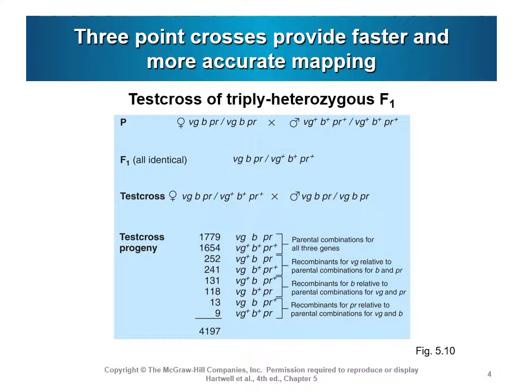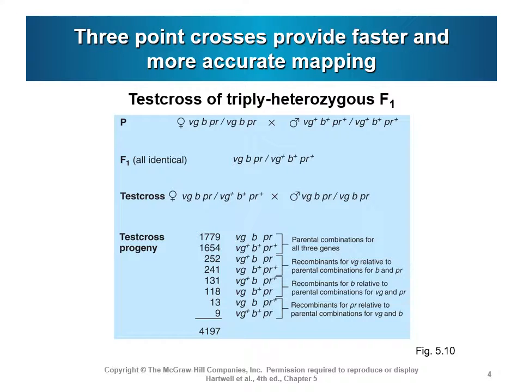We see some population of VG plus B PR and VG B plus PR plus, which is a recombination for VG relative to parental combinations for B and PR. Then we see an even smaller population of VG plus B PR plus and VG B plus PR, and this is recombinations for B relative to parental combinations for VG and PR.